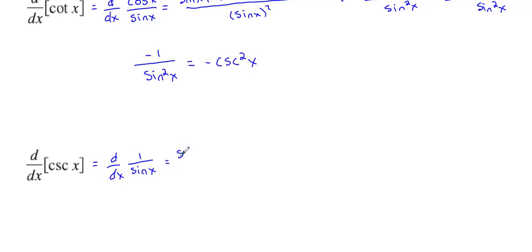Low, which is sine of x, d high, minus high, d low, all over sine x squared. Okay, good. And then, multiply by 0. We got negative cosine.